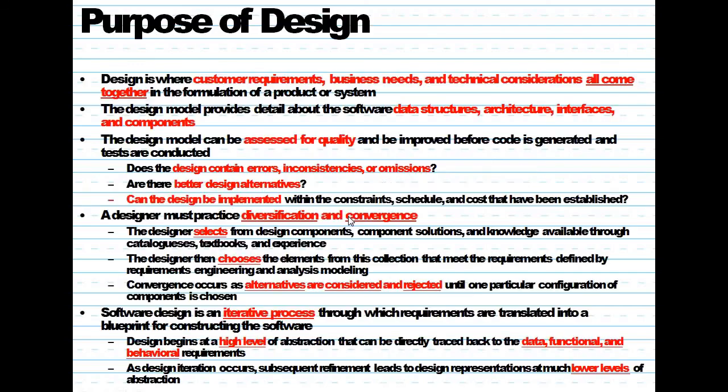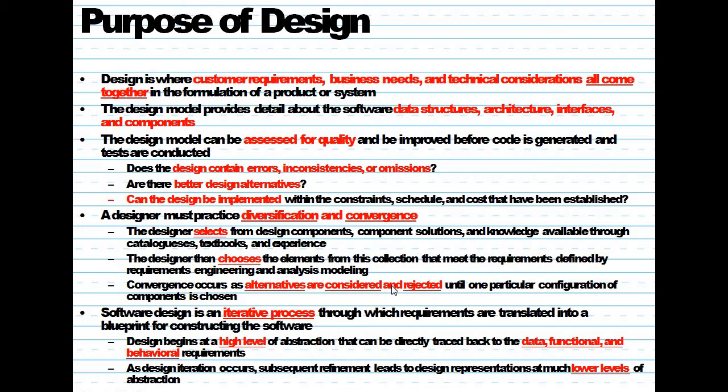Now, what is design engineering? What is the purpose of design? Customer requirements, business needs, and technical considerations all come together, and it provides details about the software related to data structure, architecture, interfaces, and components. It can be assessed for quality, where we review the design to find errors, omissions, and inconsistencies, and check that the design can be implemented.